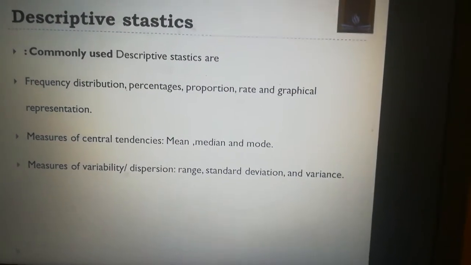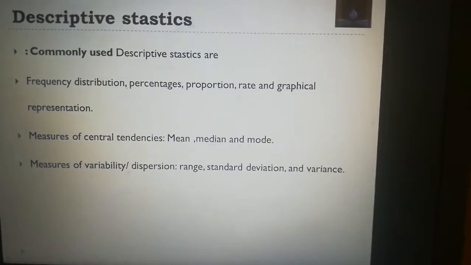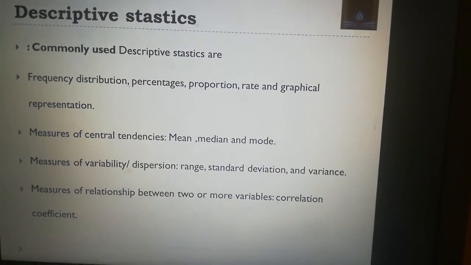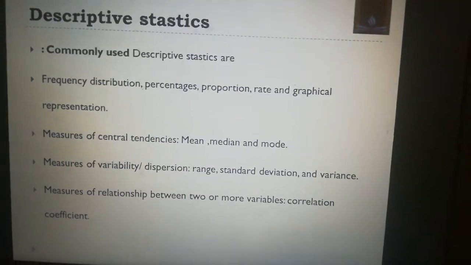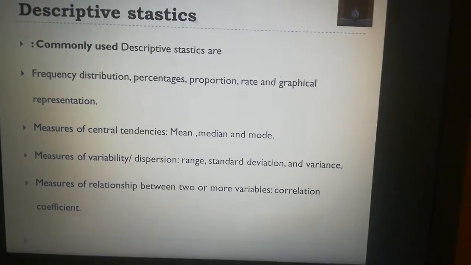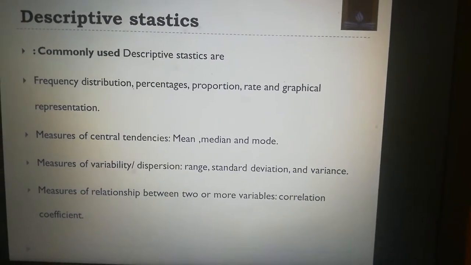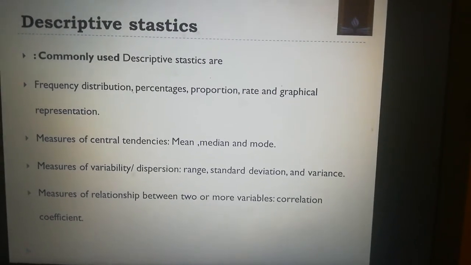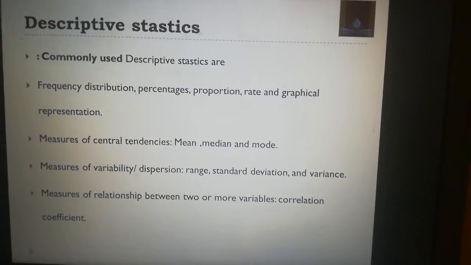Measures of variability or dispersion like range, standard deviation and variance. And the measures of relationship between two or more variables like correlation coefficient or regression analysis. In this session, we will be dealing with the first aspects like percentage, proportion, rate and representation.